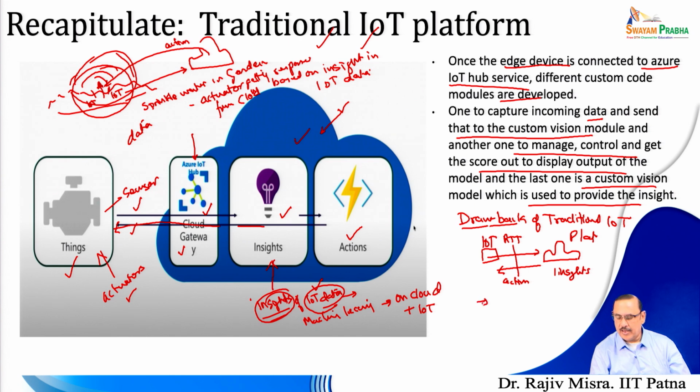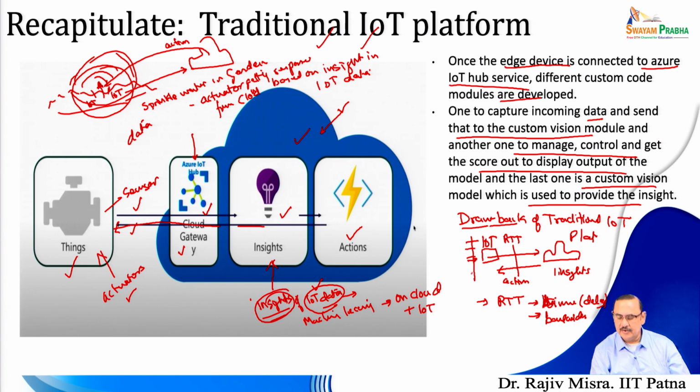So, the drawback is that the round trip time requires not only time, that is called delay, but it also incurs a lot of bandwidth to send the IoT data to the cloud. It is not only one IoT device, but billions of devices.